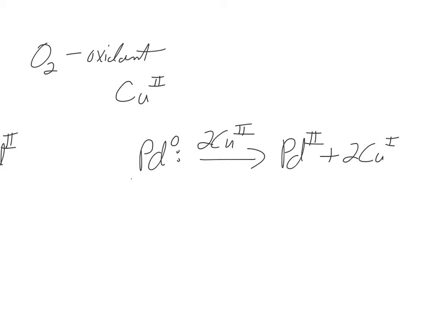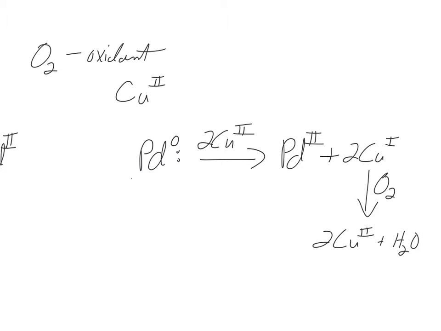But now you'd say, okay, that's great, but the only way this works is I need copper 2, but now I have copper 1. Well, copper 1 can get reoxidized into copper 2 by that O2. And usually there's some protons around, and you usually end up with 2 copper 2s again, and then maybe some water, because O2 had to get reduced.